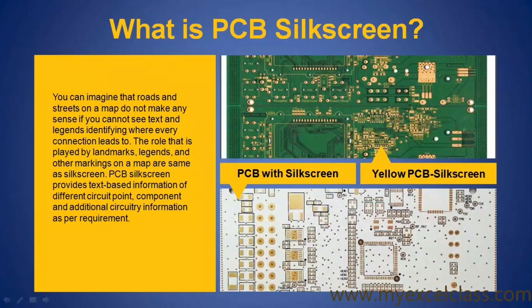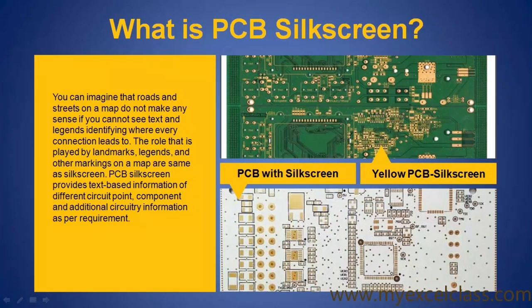That yellow color is your PCB silkscreen. So this color in your PCB means the silkscreen. Here you see that is the silkscreen. So what is the discussion here?